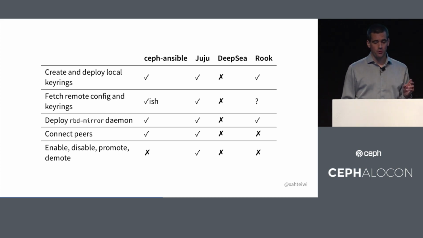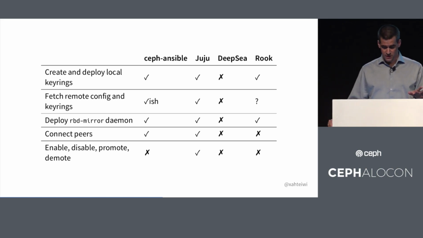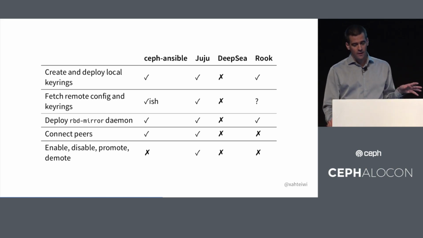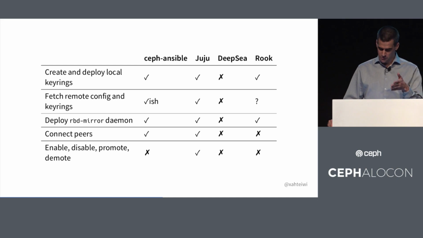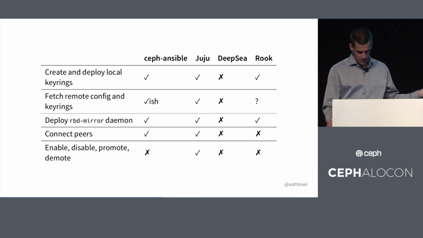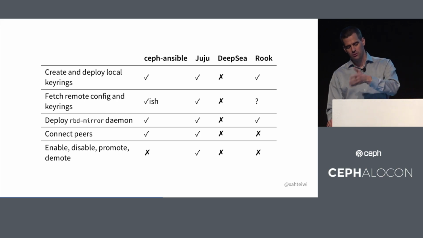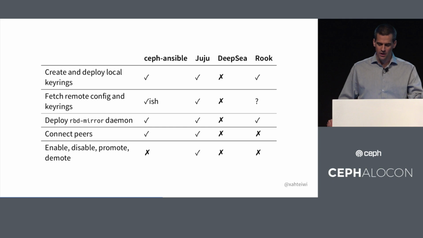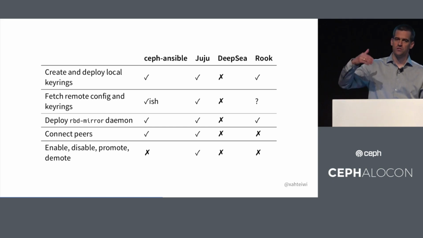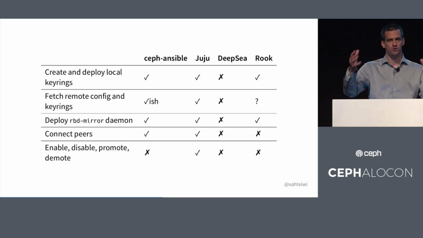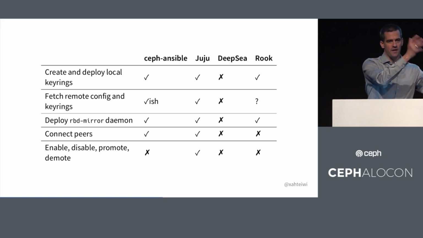DeepSea currently supports no RBD-mirror automation facilities whatever. However, if you happen to be on SUSE Enterprise Storage, which is deployed with DeepSea, then your supported RBD mirroring deployment automation facility in SUSE Enterprise Storage 6 and later is just the post-Nautilus or Nautilus Plus Ceph dashboard, where you can do all of that from the dashboard.